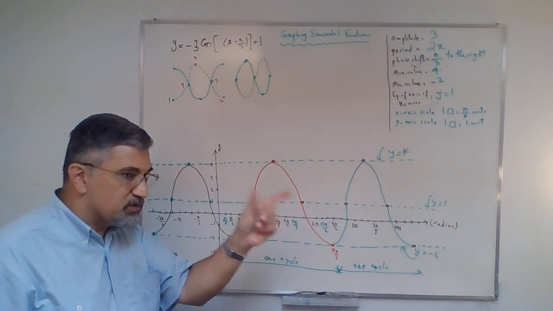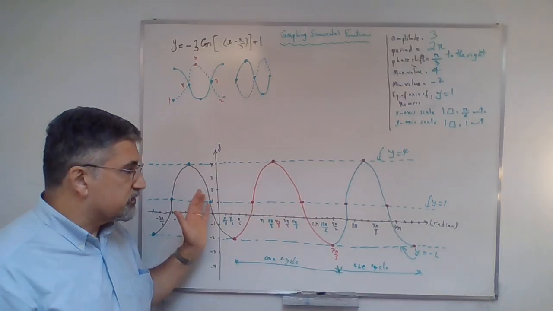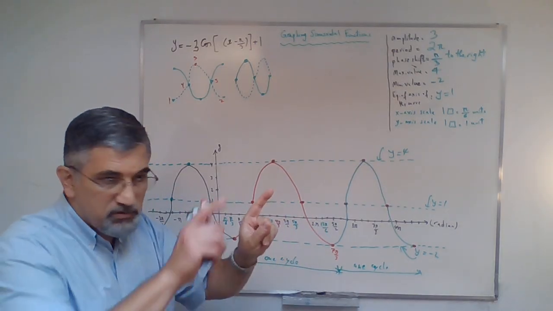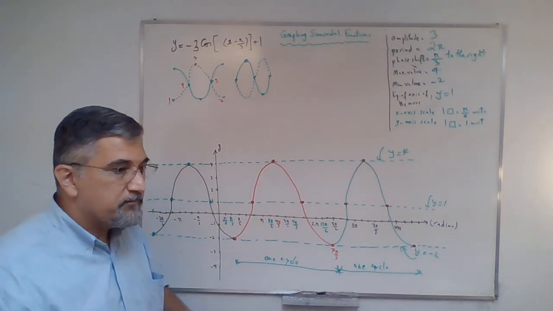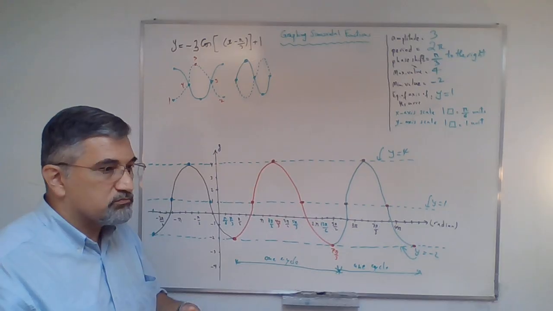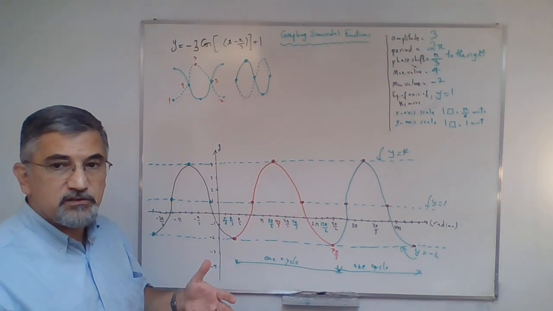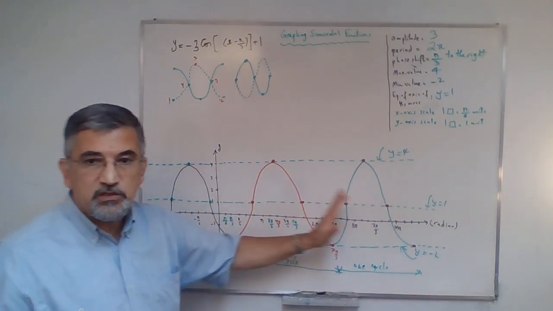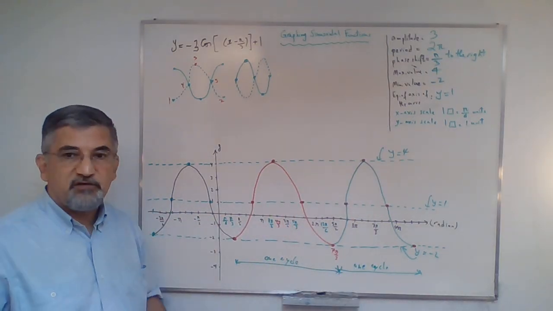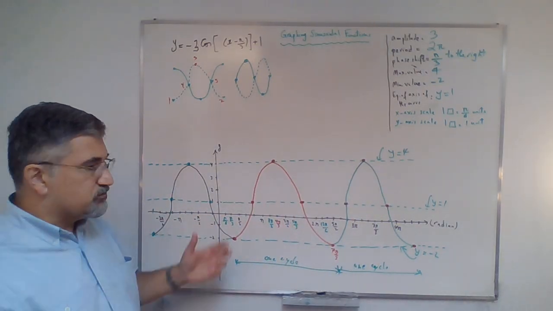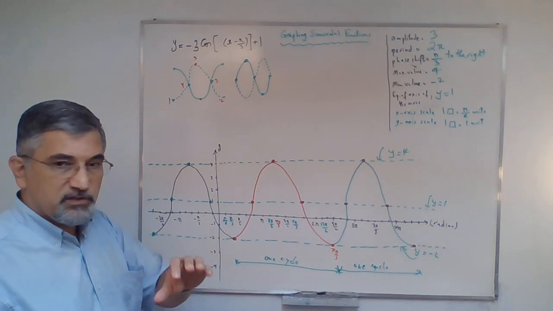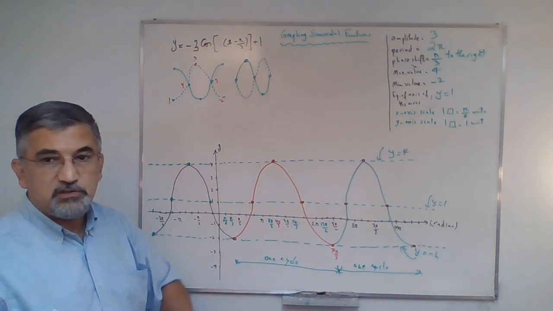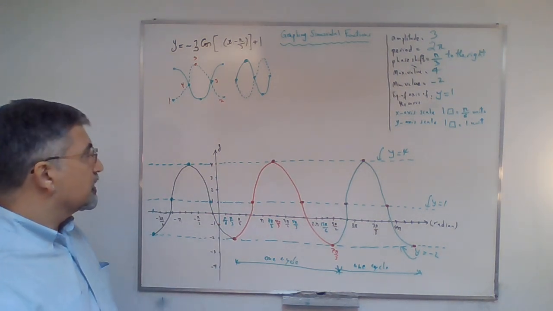They say graph within this interval. We can just draw only within the given domain, or if they say draw 2 complete cycles or 3 complete cycles, whatever they say, we just follow the instructions. Here I have drawn 3 complete cycles. I didn't have a graph paper, mind you. You have to do these very accurately on a graph paper, and I'm sure your graphs will look much nicer.